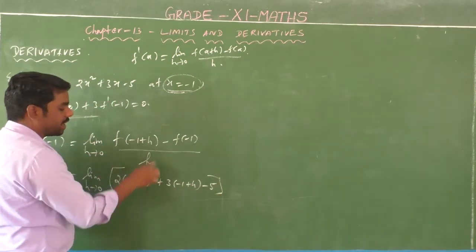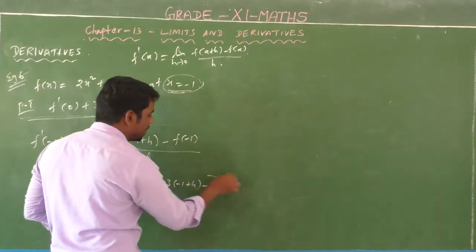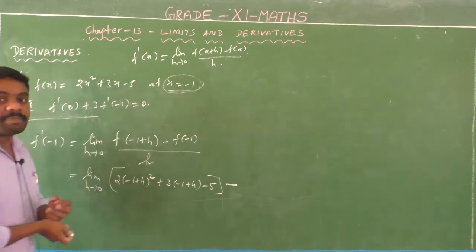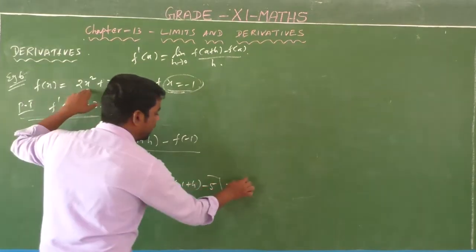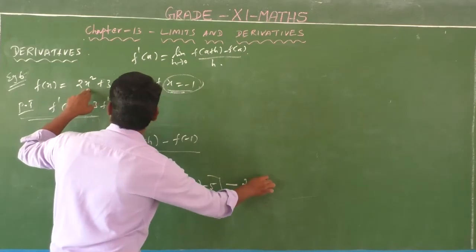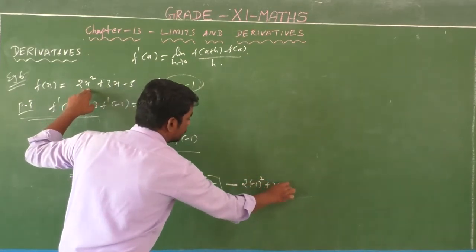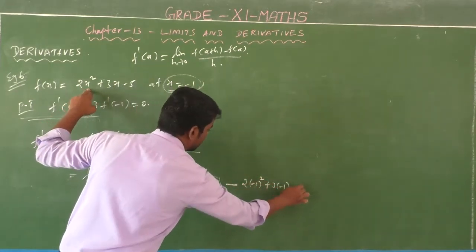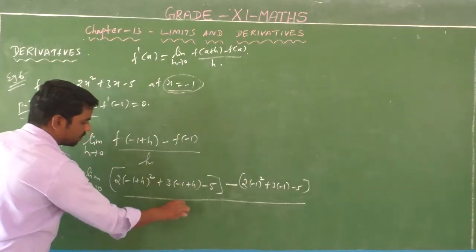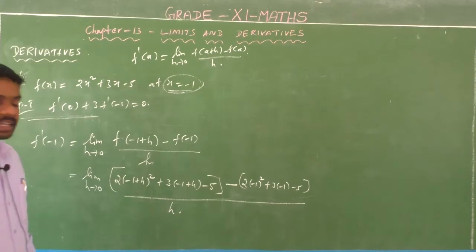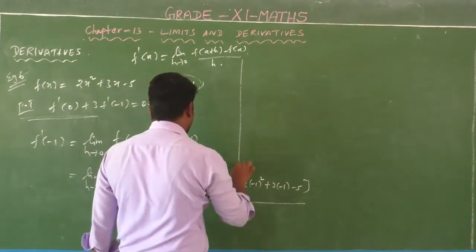This is f of minus 1 plus h. Minus f of minus 1, that means x equal to minus 1: 2 into (minus 1) the whole squared plus 3 into minus 1 minus 5. This whole is divided by h. Simplify this value.